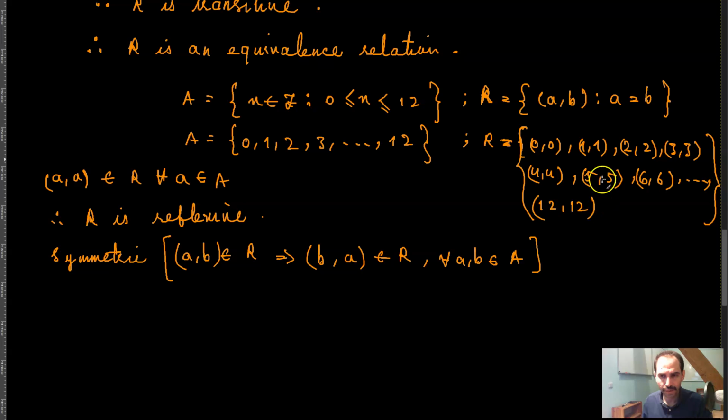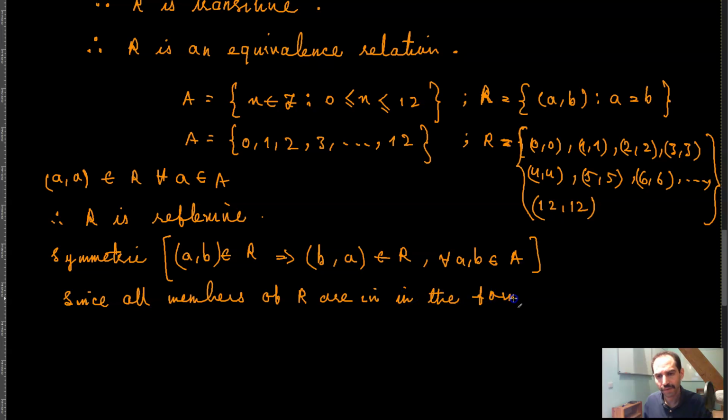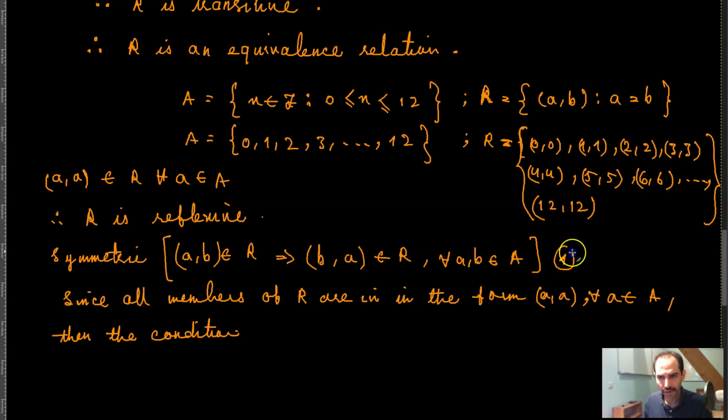So since all members of R are in the form A comma A, for all A belonging to A, then the condition 1 is already fulfilled.